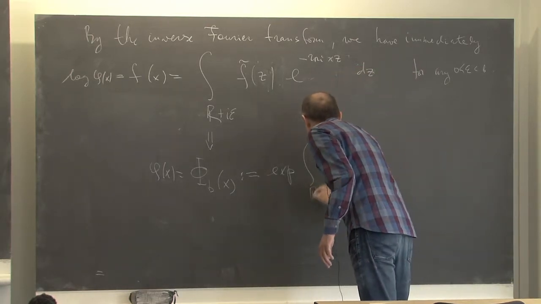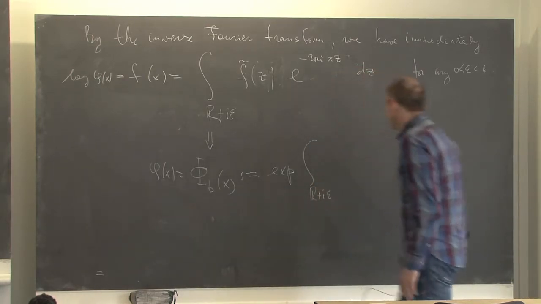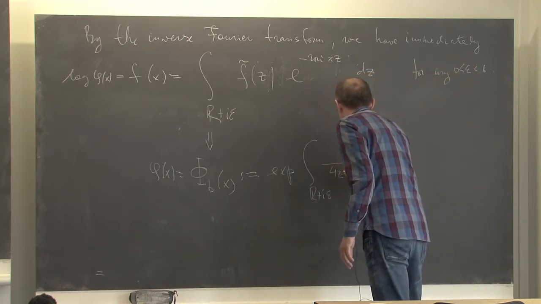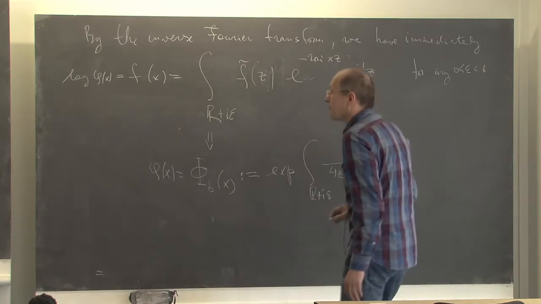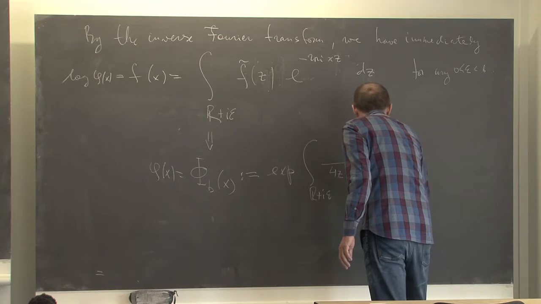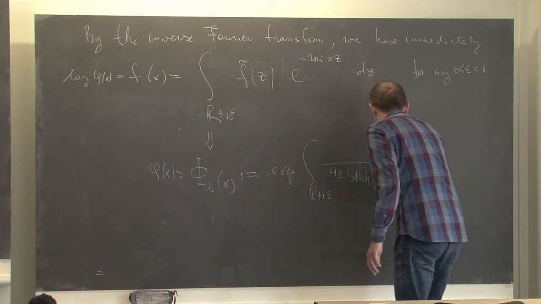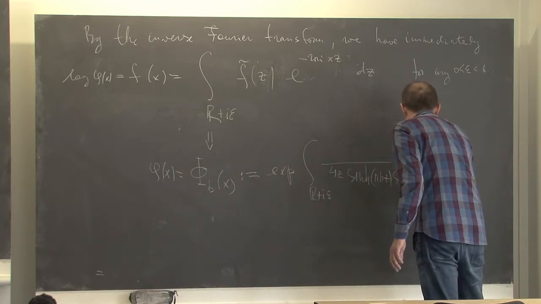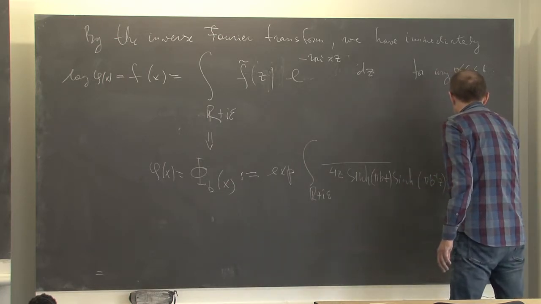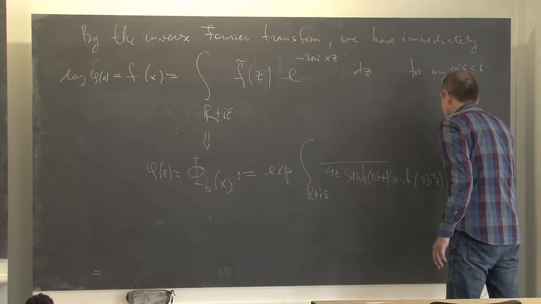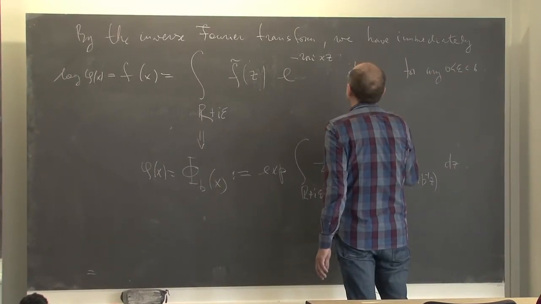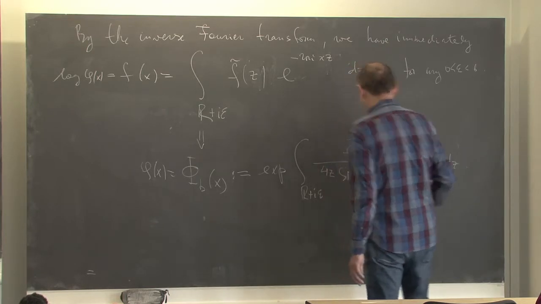The integral goes over R plus i epsilon for z, of sinh pi b z, sinh pi b inverse z, dz, e to the minus 2 pi i x z.